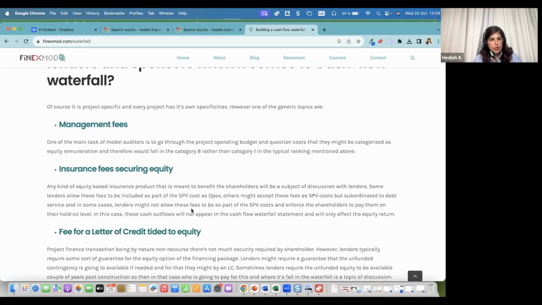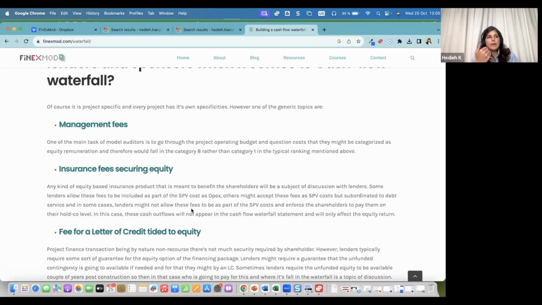Political risk insurance and different kinds of insurance products. So now the discussion is, who is going to pay for these fees? As a sponsor, you want to claim them as a project cost, maybe under the OPEX.